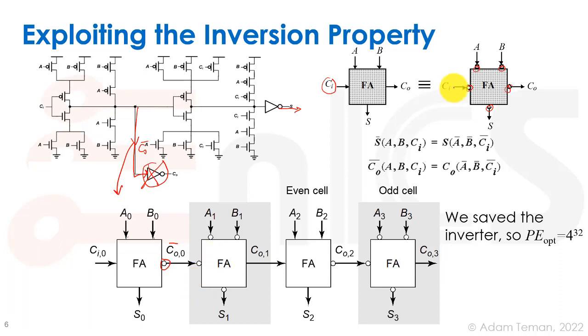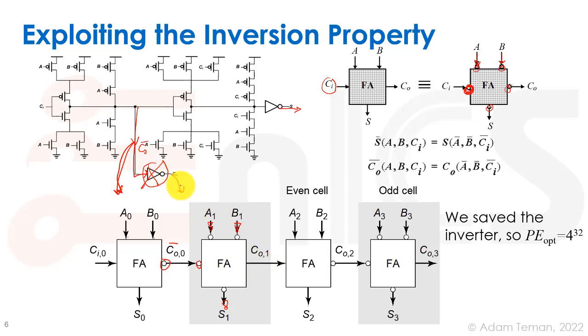So if we take C out inverted over here and put it into the full adder, along with A inverted and B inverted, so we put an inverter on A and on B, and we know that we took the C out from over here, then it's also inverted, and therefore we're going to get sum inverted. So we can just add another inverter over here to get sum 1, and we get carry out inverted.